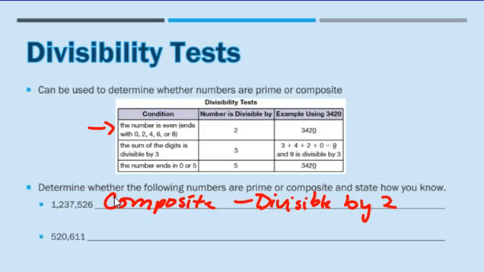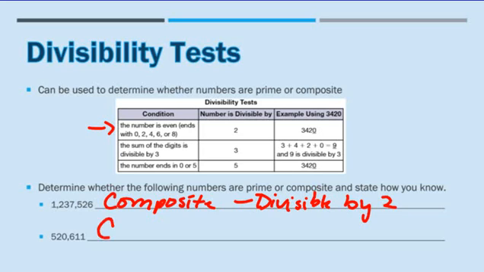520,611. Is that a composite or prime number? So we can look at it, it ends in 1, so we know it's not even. But what if we add up all the digits? 5 plus 2 plus 0 plus 6 plus 1, plus 1 gives me 15. 15 is divisible by 3. Therefore, it's going to have more than 2 factors.